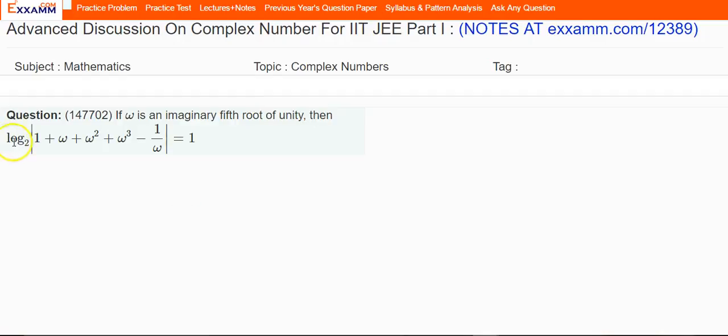Now in this case, 1 plus omega plus omega square plus omega cube plus omega to the power 4 are the 5 fifth roots of unity. Now their sum would be equal to 0. So the sum of these 4 terms would be equal to minus omega to the power 4 here.